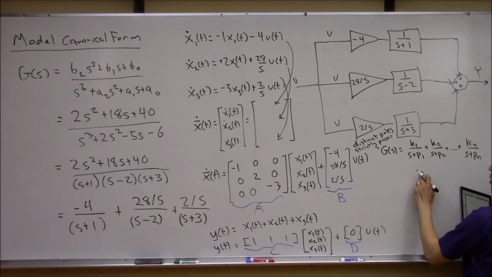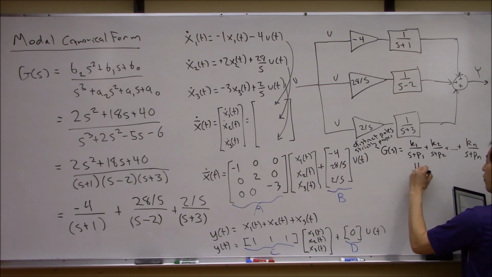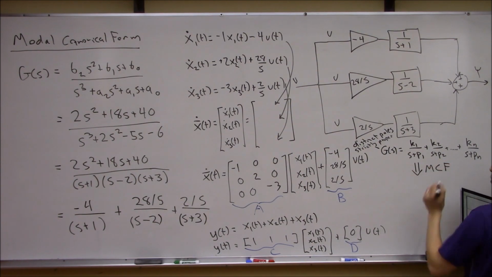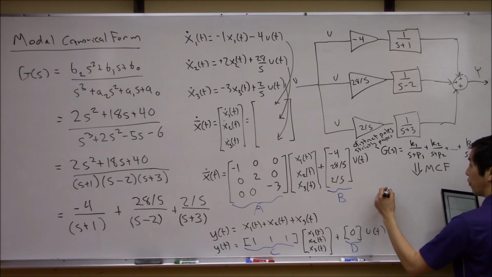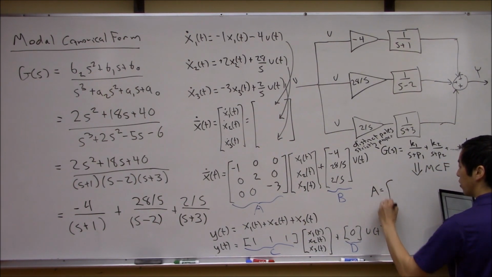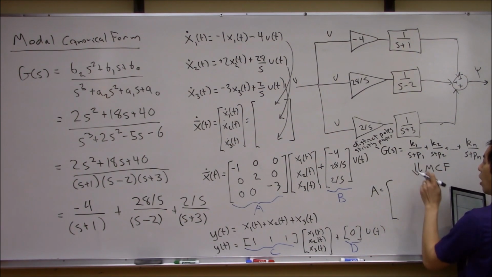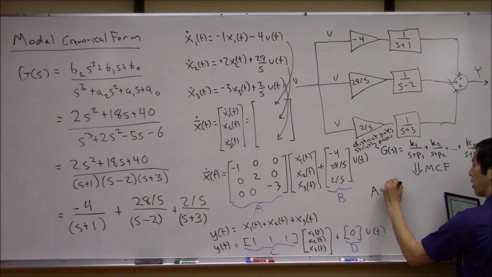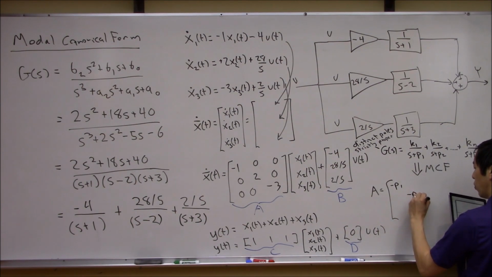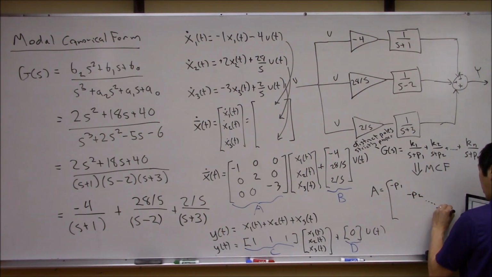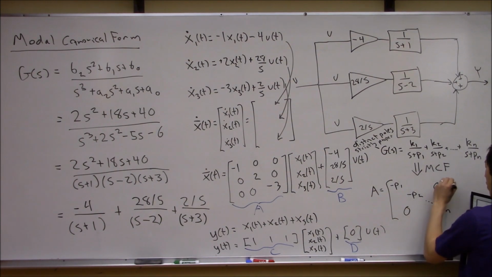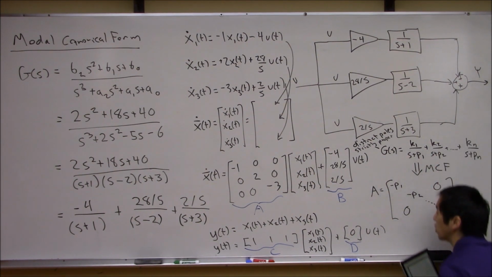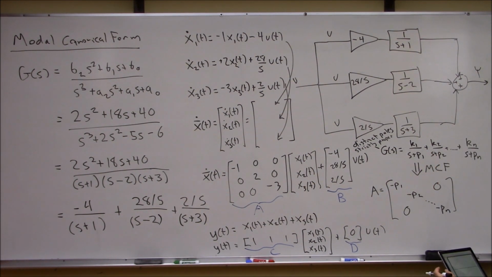And if this is the way you do it, via the modal canonical form, you can get an A matrix that looks like nothing more than these poles, well, I guess the negative p1s, right? Negative p1, negative p2, and so on, all the way to negative pn, and then zeros everywhere else. So you get a matrix which is completely diagonal, right?